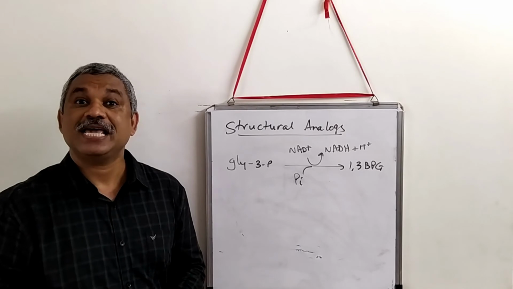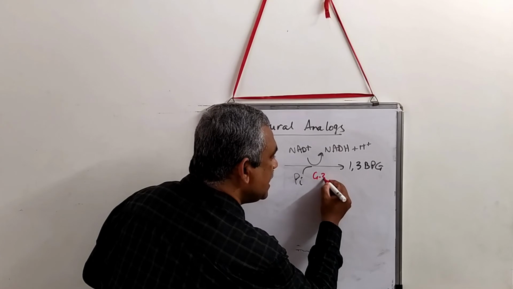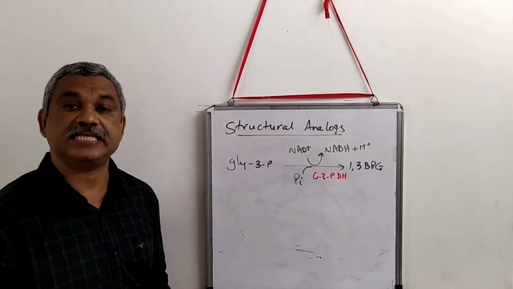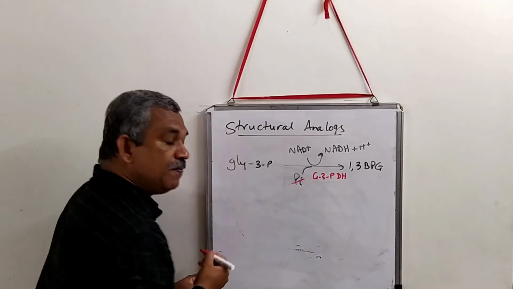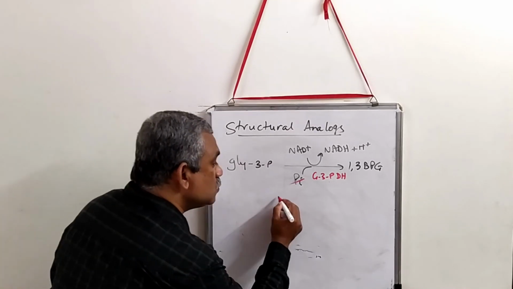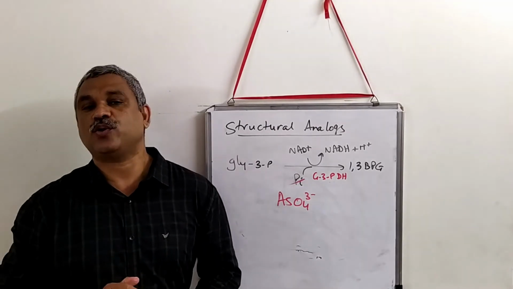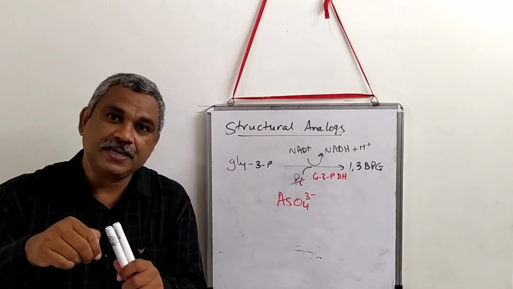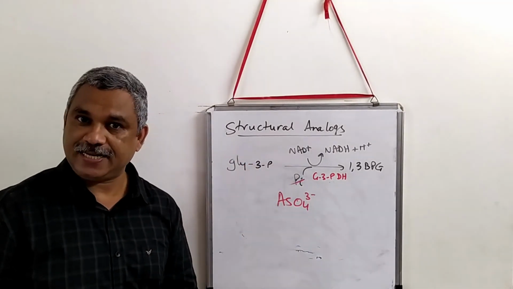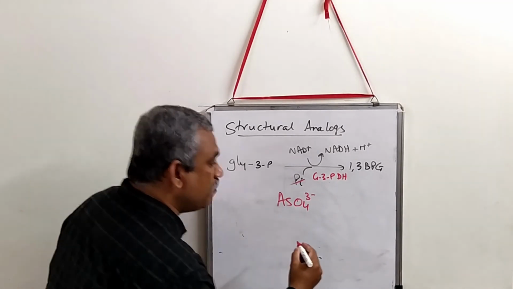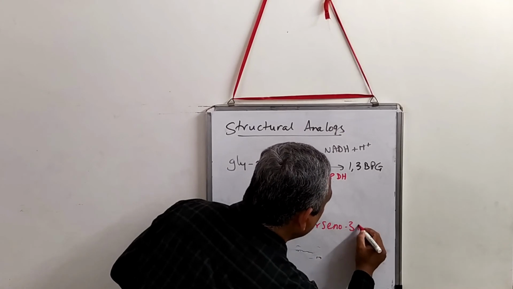We are going to use a structural analog here. This step is catalyzed by the enzyme glyceraldehyde 3-phosphate dehydrogenase. The structural analog we will use is arsenate instead of inorganic phosphate. Arsenate looks very similar to inorganic phosphate, so it gets included in the substrate, and the product formed is 1-arseno 3-phosphoglycerate.